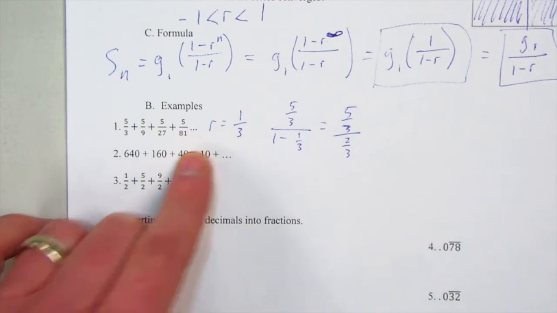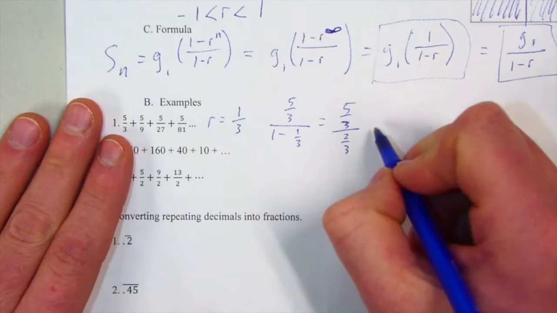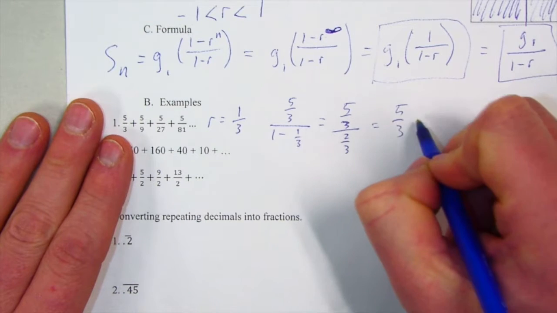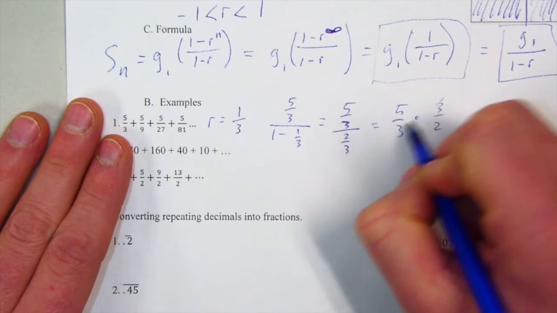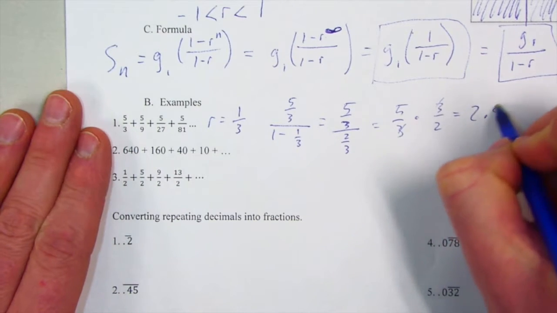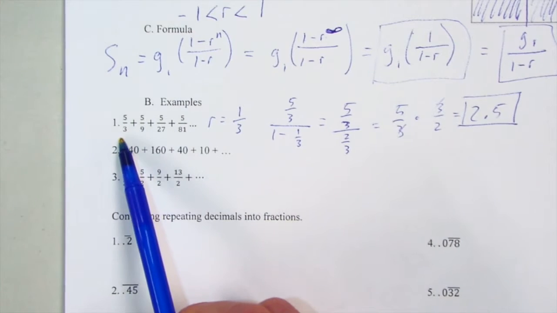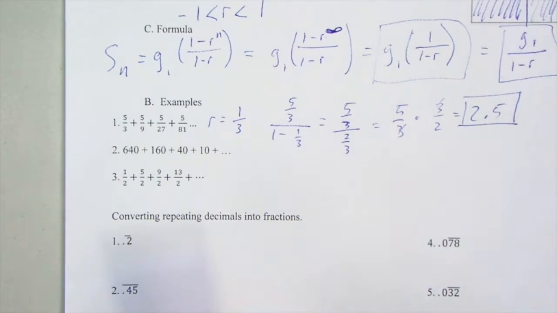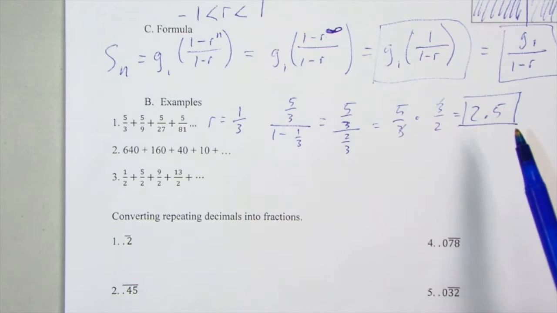I can either do this in my head or go to my calculator. In my head, I have 5/3 multiplied by the reciprocal, 3 over 2, cancel, cancel, so we get 2.5. So if I were to add these fractions up forever and ever, I'm going to get closer and closer to the number 2.5.